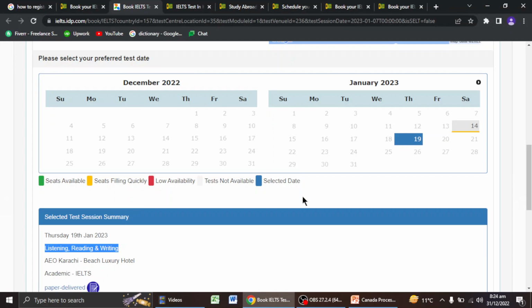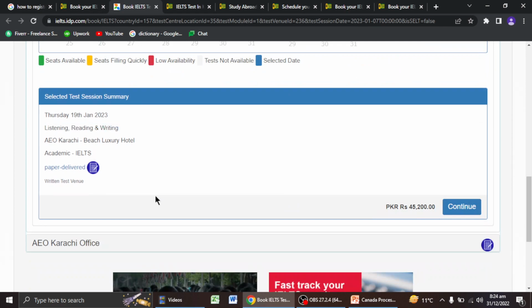But if you're not in a hurry, and if you can reach the test center easily, you could actually schedule the speaking section on a different date. You can also schedule it prior to the exam or after the exam. It's up to you. They would actually ask for your convenience.